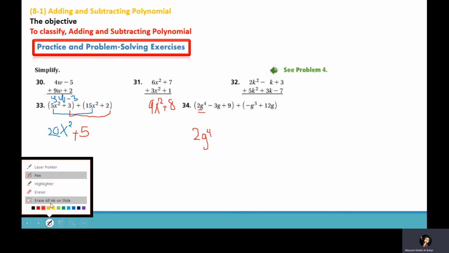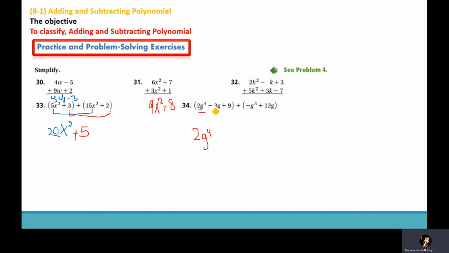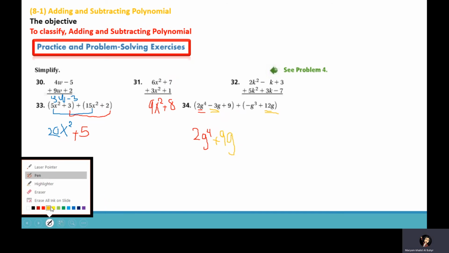Next. Do I have anything like this term? g to the power 1. Yes, I have this, g to the power 1. So these two are like terms. Negative 3 and 12, which is positive 9, because 9 is bigger. So positive 9g. Finally, I have one more thing.